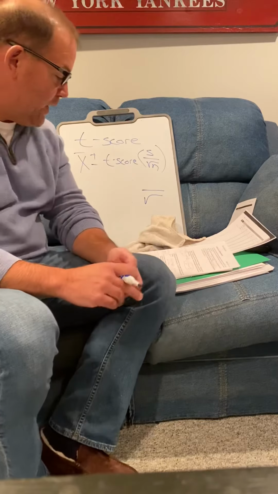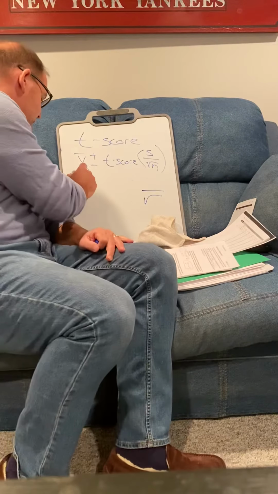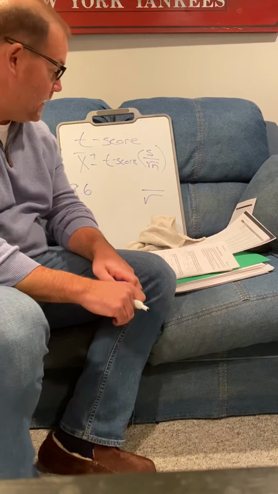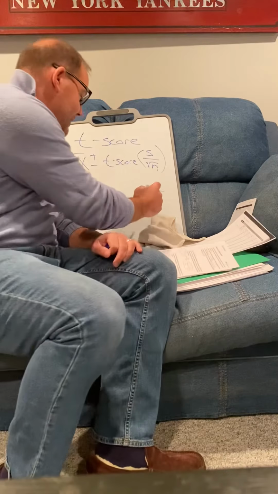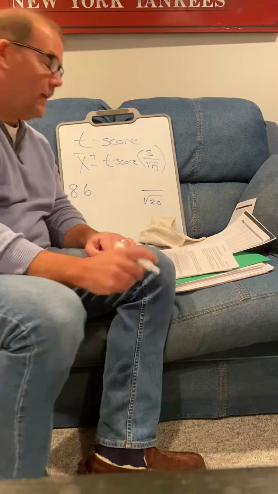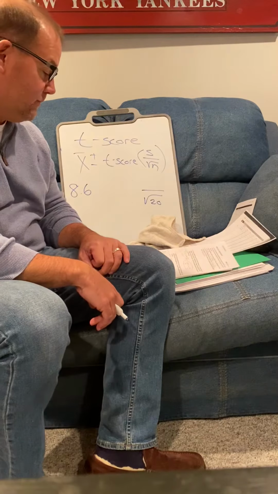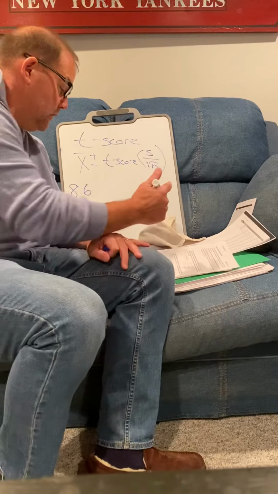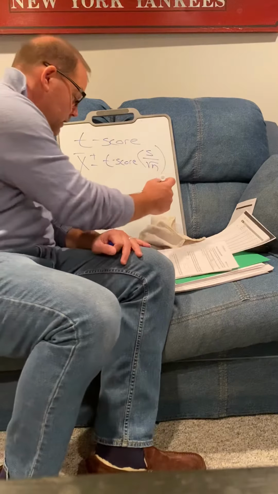And if we go to number 3, the sample mean is 8.6, the sample size is 20. That's why we have to use a t-score now. And we're going to do a 90% confidence interval with a standard deviation of 1.6.